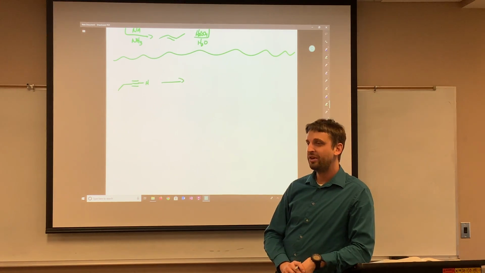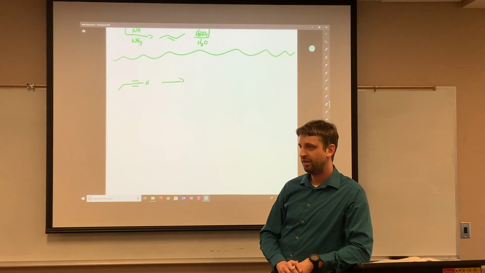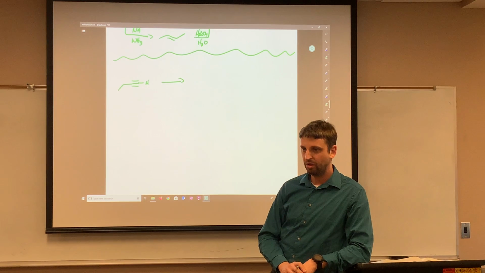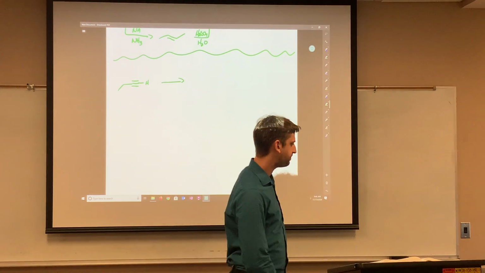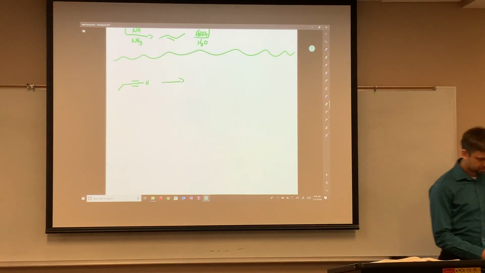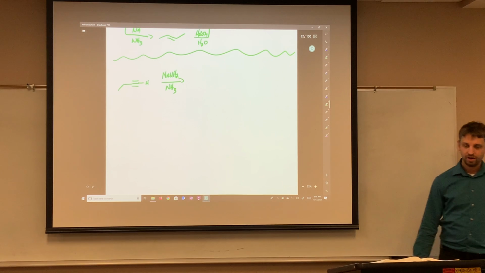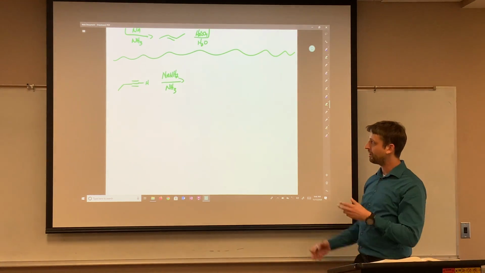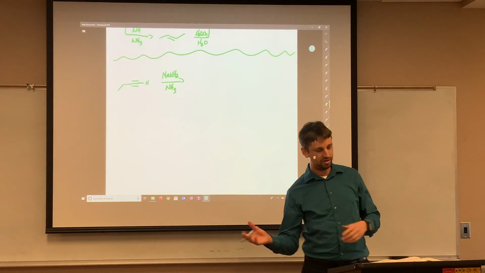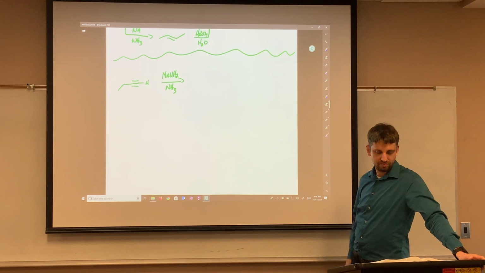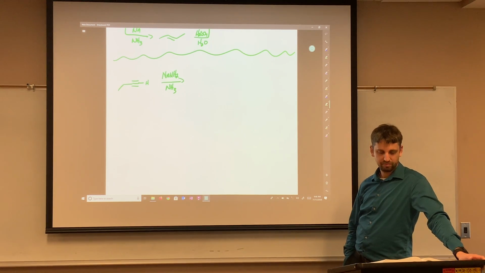But anyway, when you have a terminal alkyne, we have the alkyne that's at the end of the chain there. If I put that terminal alkyne in the presence of this, what's going to happen?